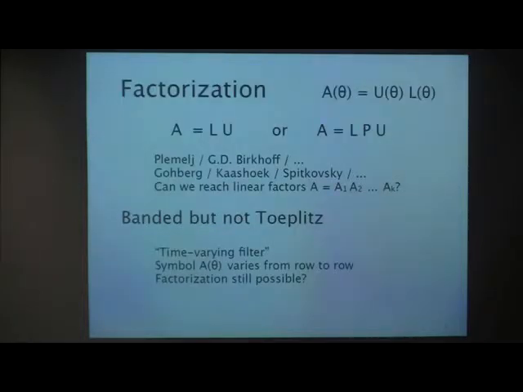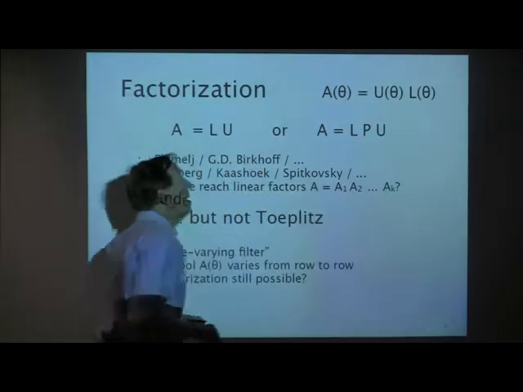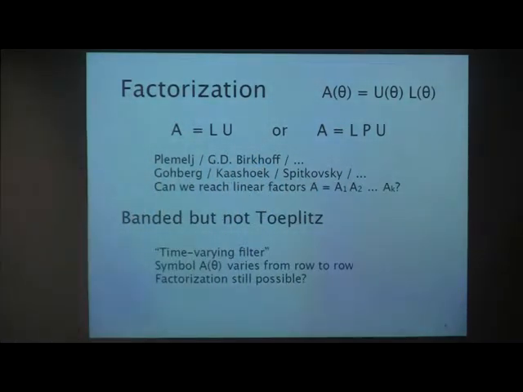Factorization is going to be a main theme now. So let's see. It's this issue of factoring a polynomial or a matrix polynomial into positive coefficients, coefficients from 0 up, and times coefficients from 0 down.